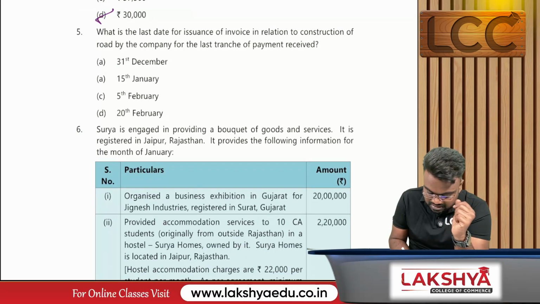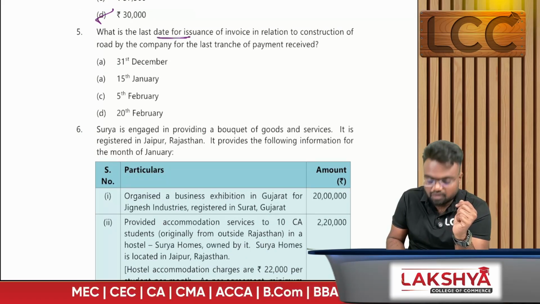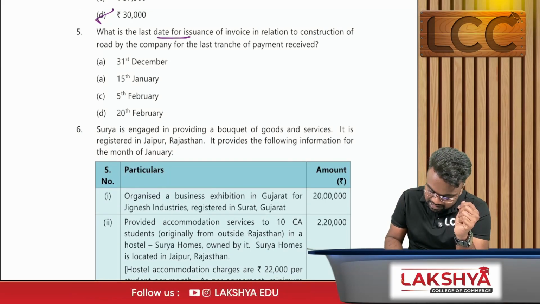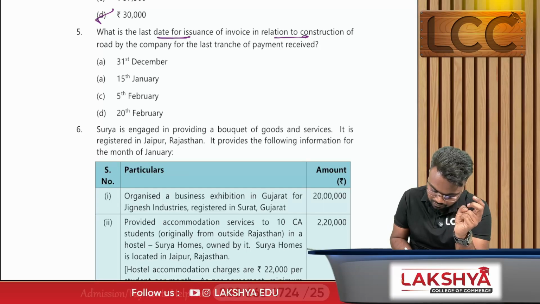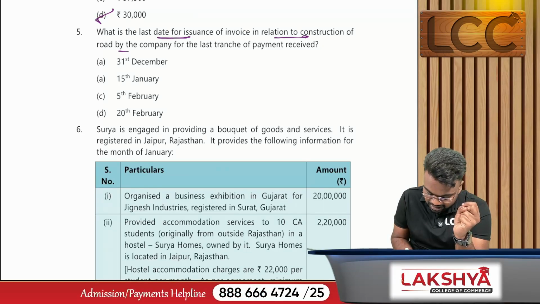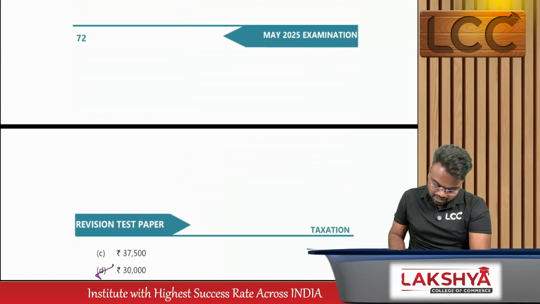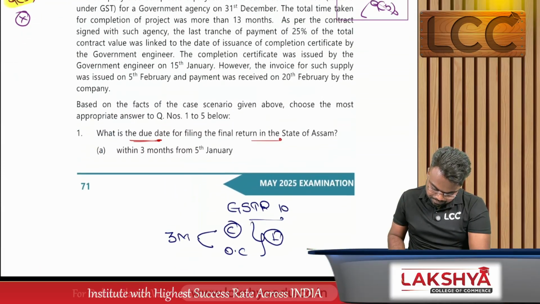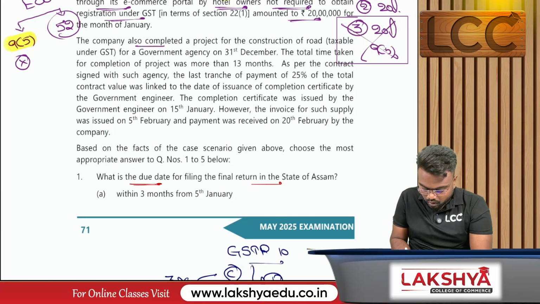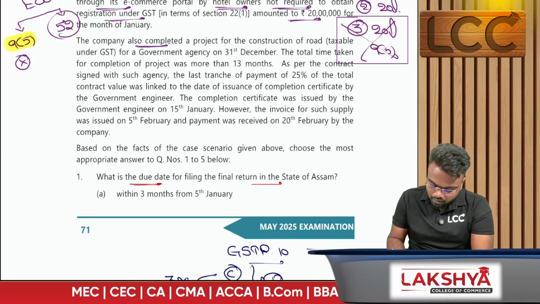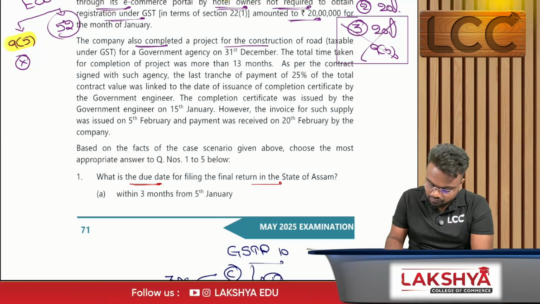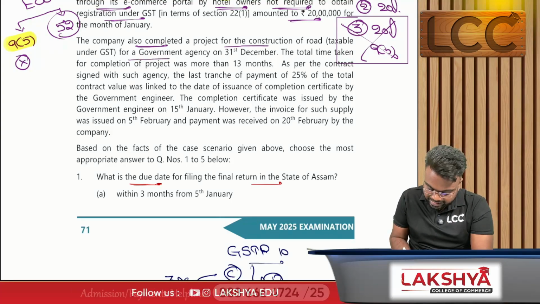Next one. What is the last date for issuance of invoice in relation to construction of road by the company for the last tranche of payment received? Let's see what is given here. The company also completed a project for the construction of road for a government agency on 31st December.